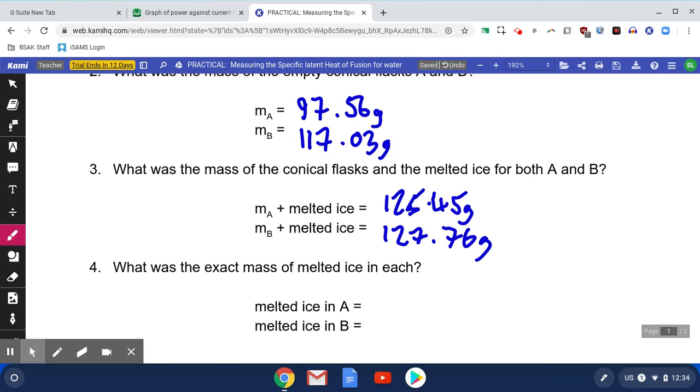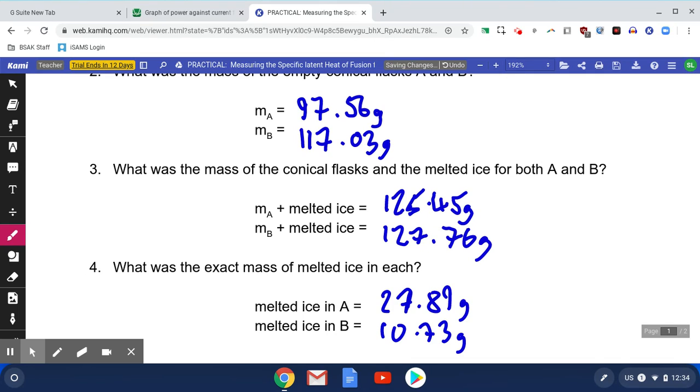Right, subtracting the mass of the beakers from these values gives us the mass of the melted ice. For A it was 27.89 grams, and for B it was 10.73 grams. Now that should make sense because it was A that had the heater in it, so that's obviously going to have more melted ice.